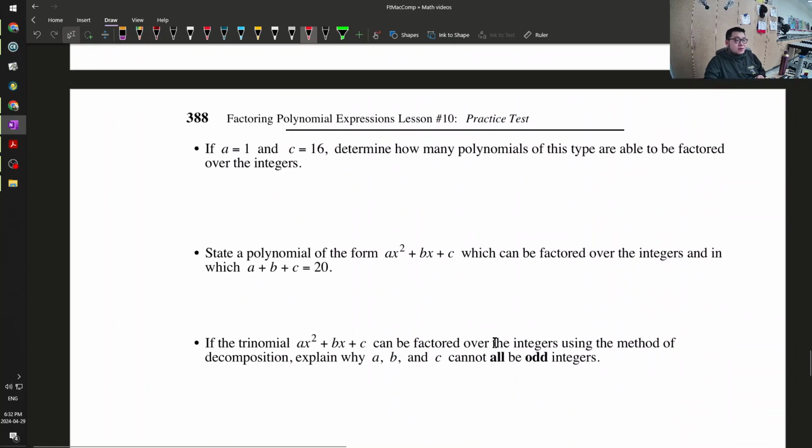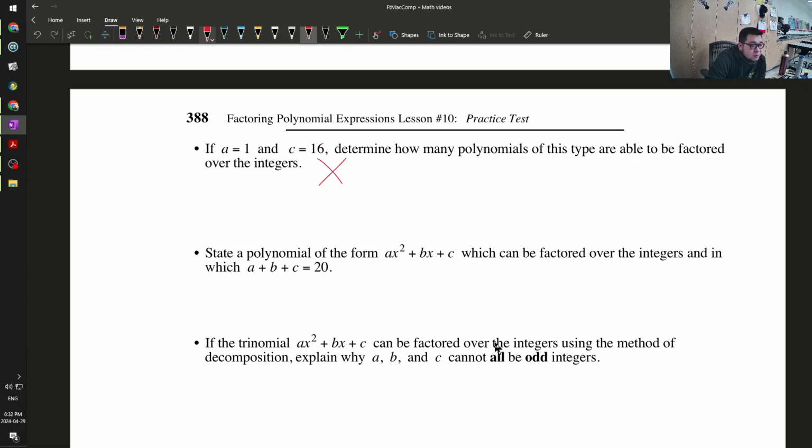Okay, if a is equal to 1 and c is equal to 16, determine how many polynomials of this type you can factor over integers. So I want to see what bottom number there can be, right? If the top number is 16, what can my left and right number be?